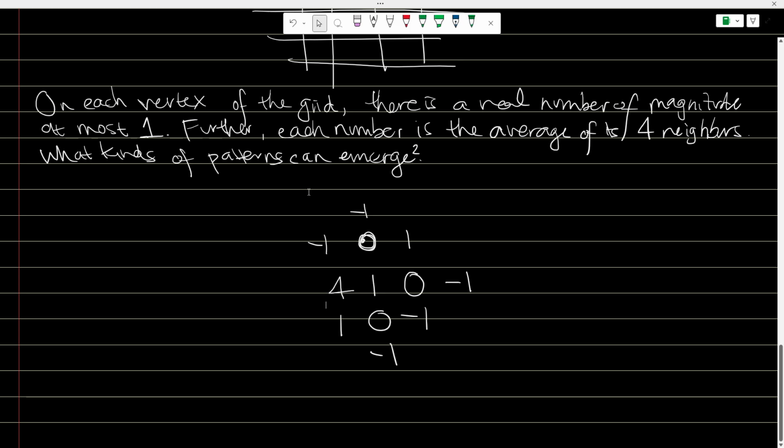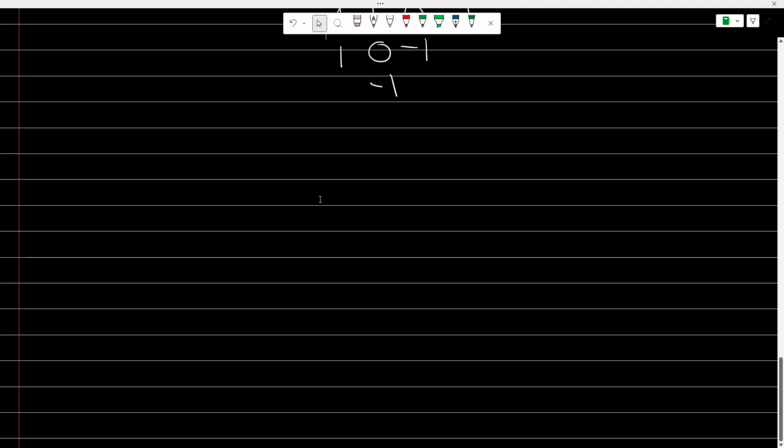Okay. So the way to phrase this in the language of functional analysis, which I think is very cool, is we're going to fix our space X to be L infinity on Z^n for some fixed n. And that's the space of bounded functions on Z^n with the supremum norm.